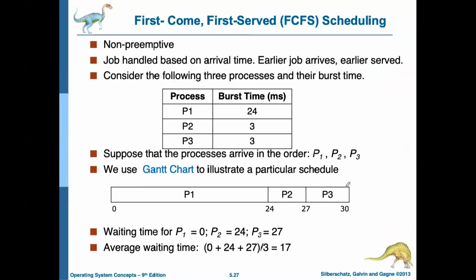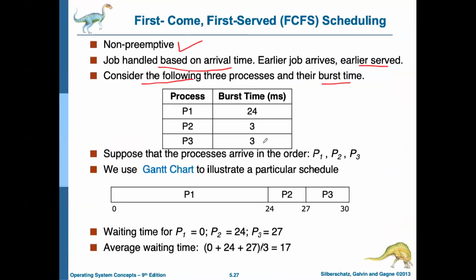First come first serve scheduling is a non-preemptive policy: jobs are handled based on arrival time. The earlier job arrives, the earlier it is served. Consider the following three processes and their burst times: P1, P2, P3, each with its own burst time.